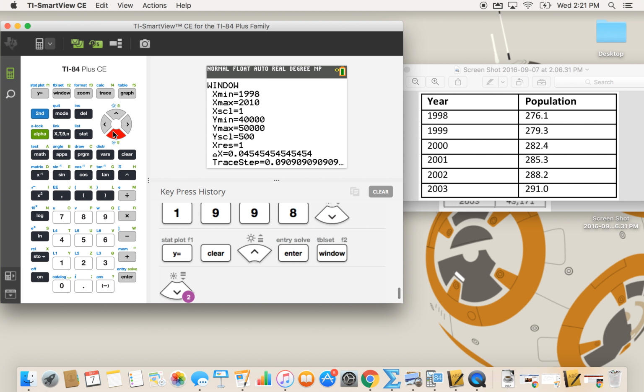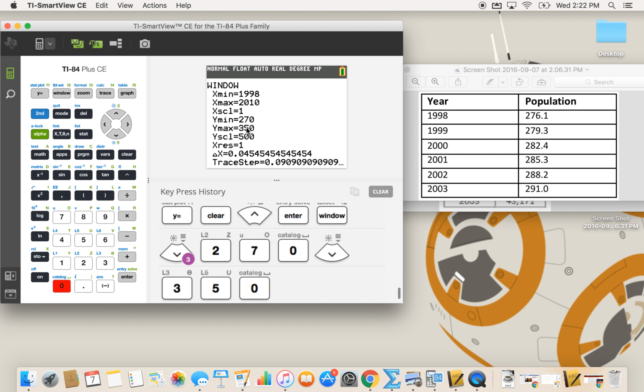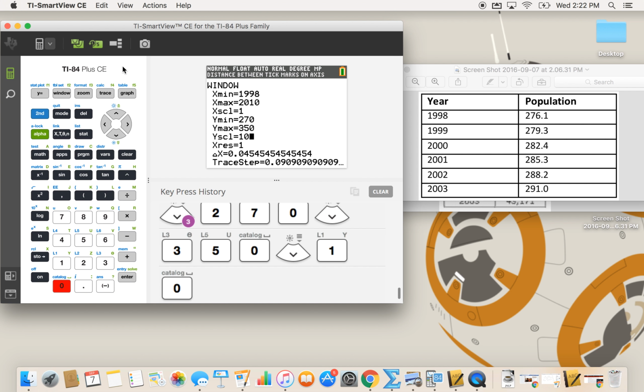I look over at my y values in my table. They're all about 270 to 300, so I'll start at 270 and go to 350, let's say. We'll see how that looks. And now maybe I want to go up by 10, because going up by 500 is way too much.